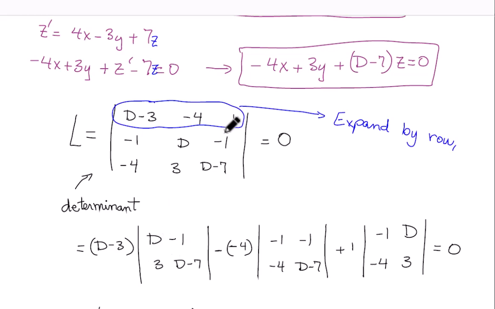If you remember how the positions go, there are signs. So it goes plus, minus, plus, minus, plus, minus, plus, minus, plus. And since I'm expanding by this top row, that's where that minus came from. So the minus is from the position.